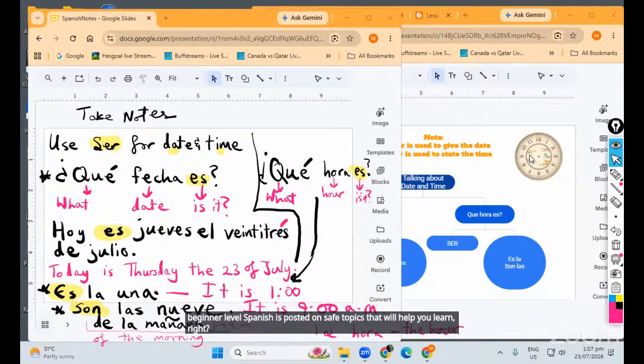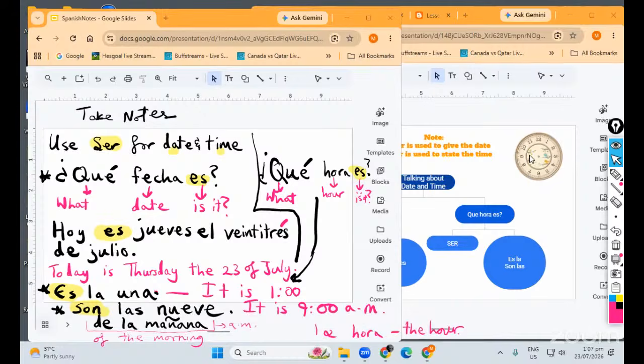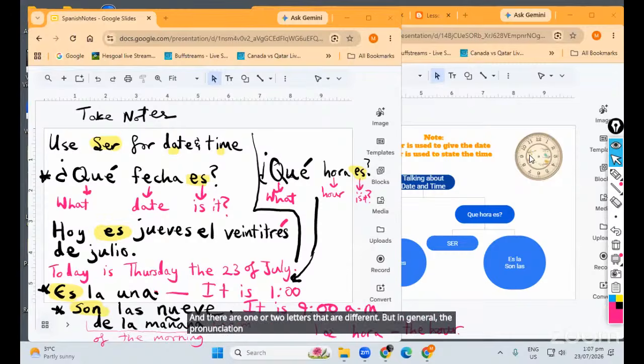But in general, Spanish is very close to English in terms of pronunciation, except for perhaps the vowels. The vowels are a little bit different. I'll make a note and we could fit that into maybe next week's class, right? And there are one or two letters that are different, but in general, the pronunciation and then the stress of where it goes can be different, right?